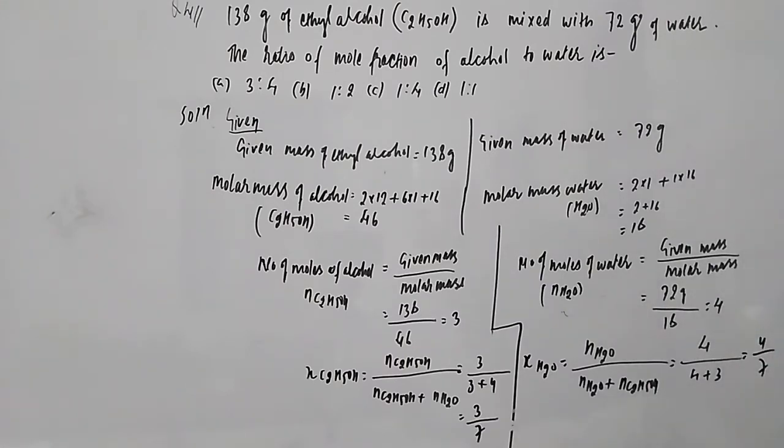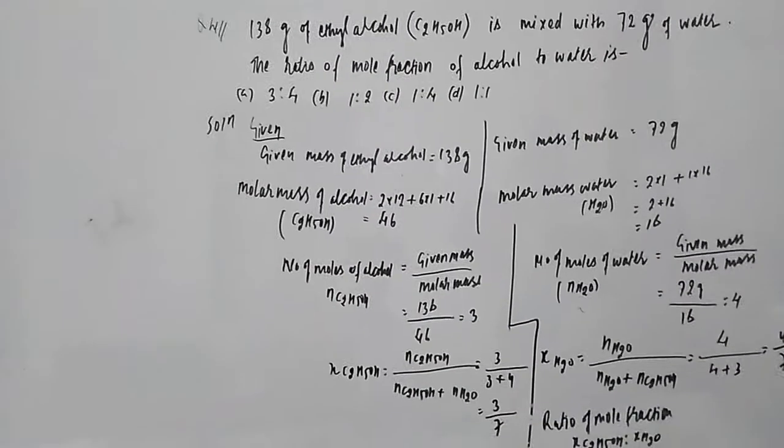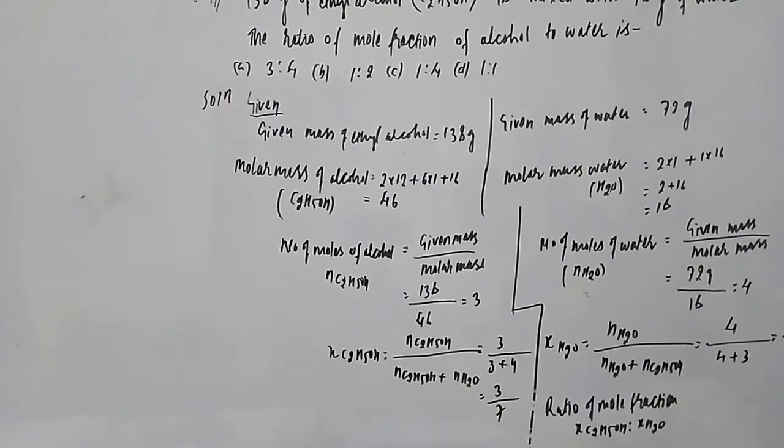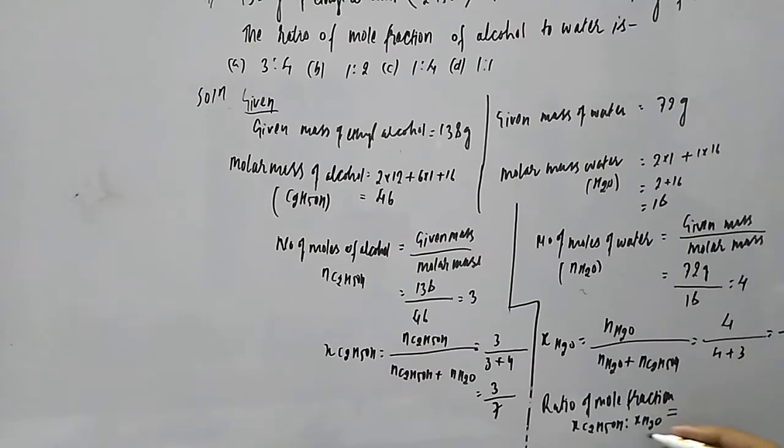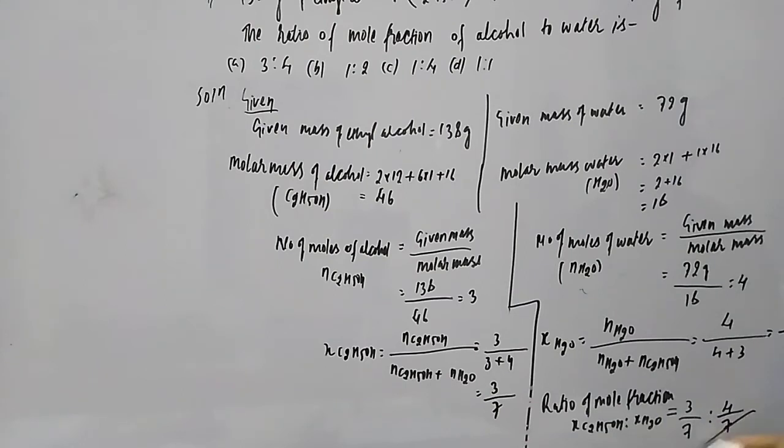The 7 cancels out, so the ratio is coming 3:4.